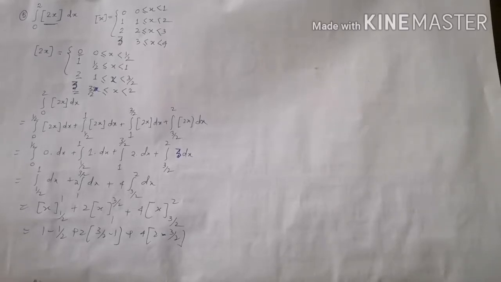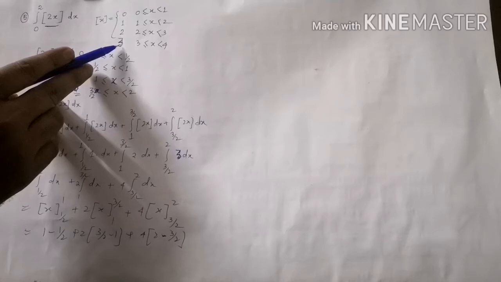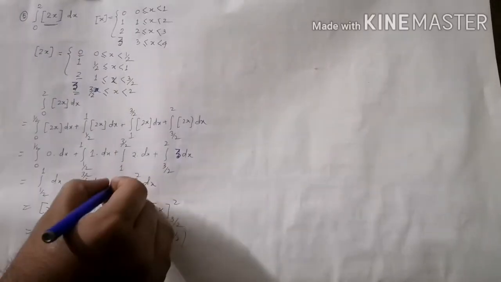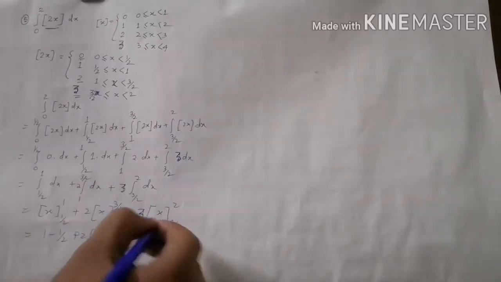So actually this is one mistake. The values of [2x] are 0, 1, 2, 3. So that 4 will be 3. Also this will be 3. And so you put 3 here. And the constant here will be 3.